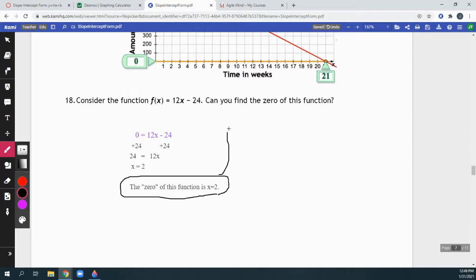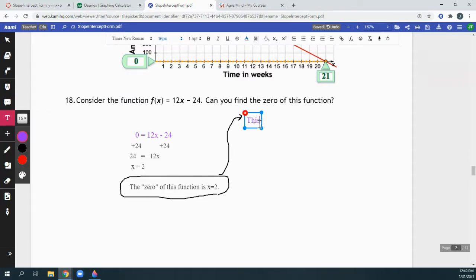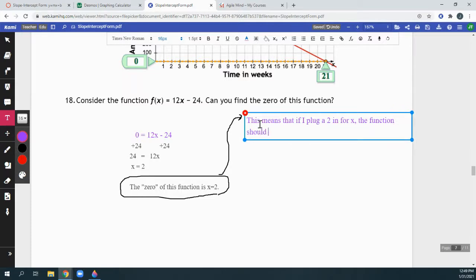That means that, we'll say right now, this means that if I plug a 2 in for x, the function should end up equaling 0.